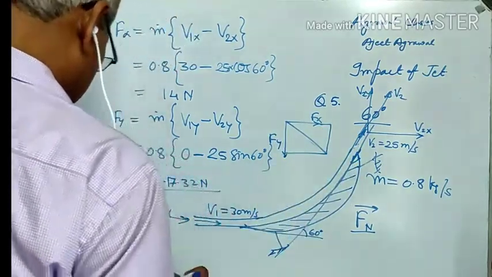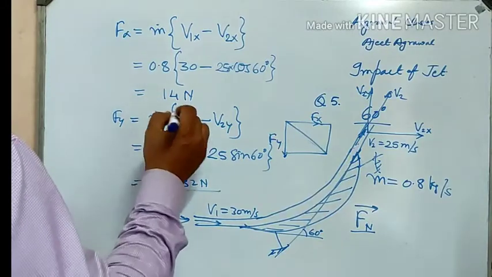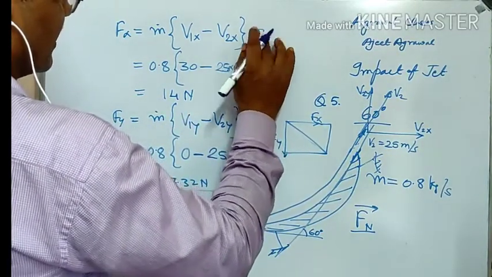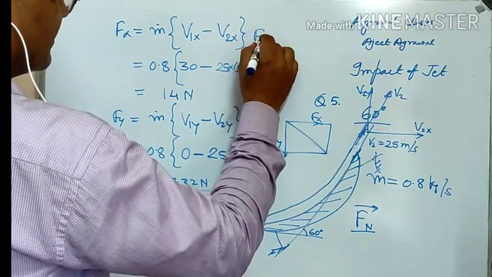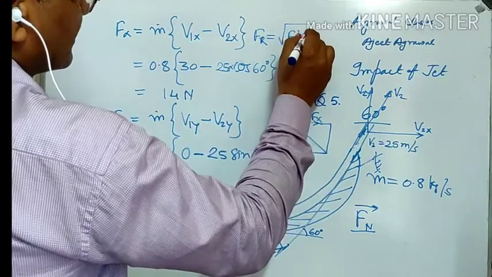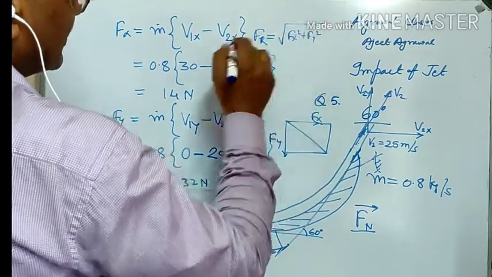To find the resultant, we say Fr, or F, the resultant, is equal to the square root of Fx squared plus Fy squared.